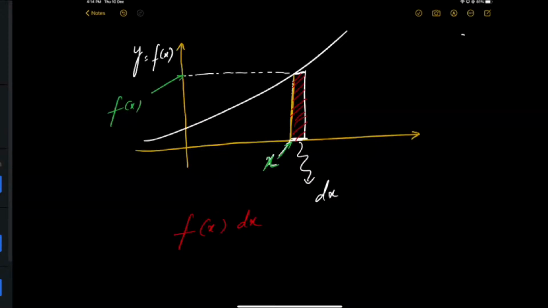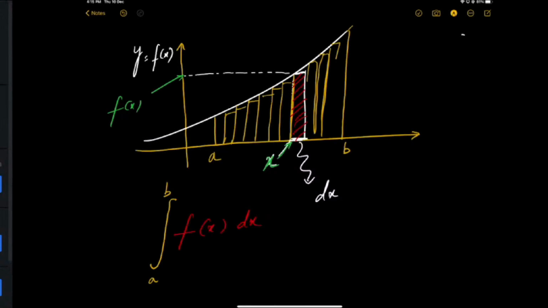So what does summation mean? That means it is the sum of certain values, and you put limits here, a and b. Lower limit is a and upper limit is b. Those are the limits of x. So x starts at a and ends at b. So when you write this, you will have the summation of all these rectangles with areas f of x times dx, which lie between limits a and b.